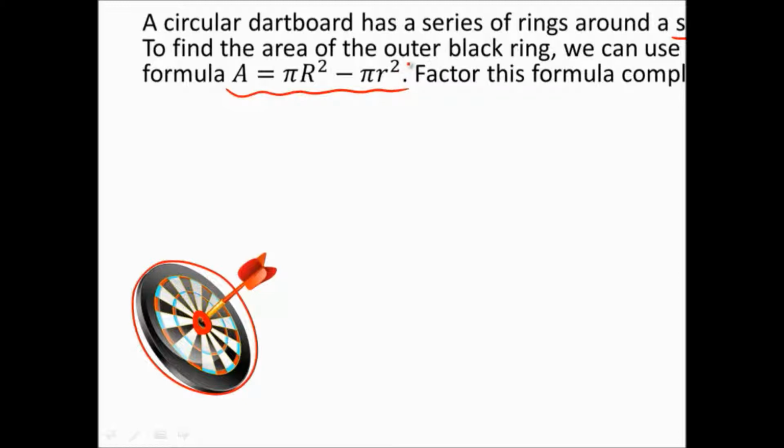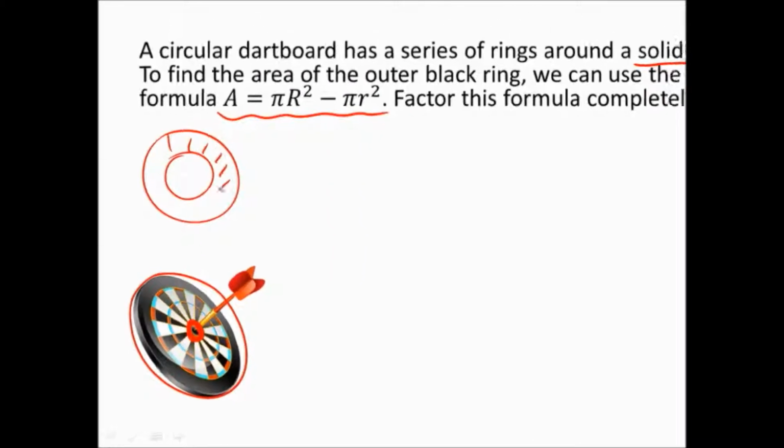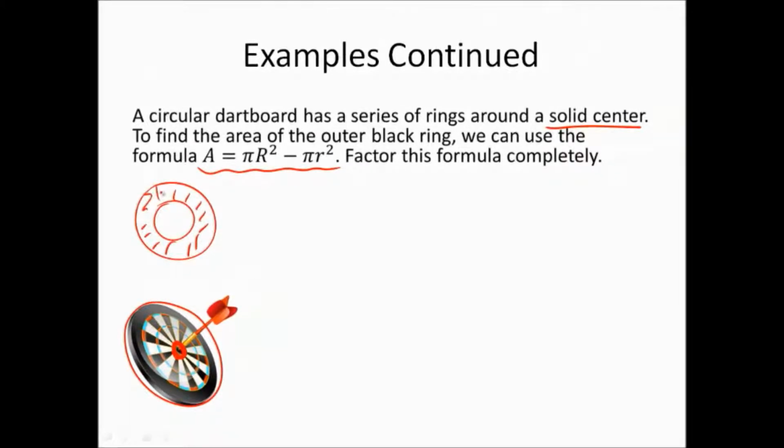And you can almost see where that formula comes from. Big area minus little area gives you the outer component. They want us to factor this primarily because they probably want a simpler formula to input, maybe into a calculator or something that's a little easier to understand with less squaring going on.